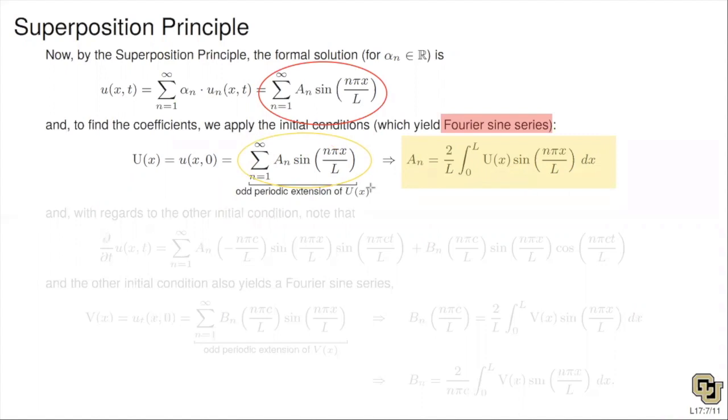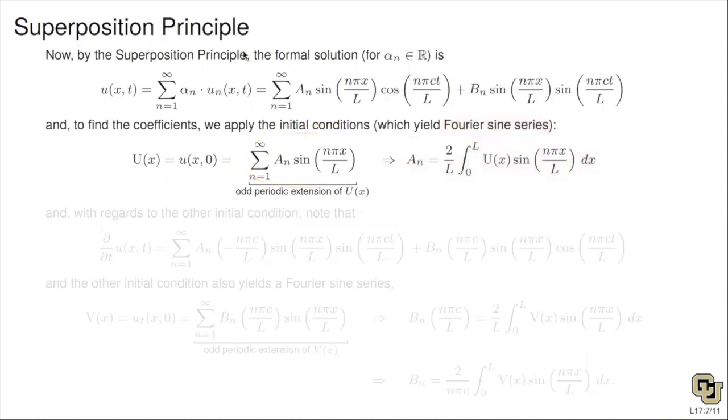So this is the Fourier series of the odd extension of u of x, or the periodic extension of the odd extension of u of x. Here we can fall back on all of our good old-fashioned Fourier series theory that we know and love. And so we found a formula for one of the constants in our formal solution.